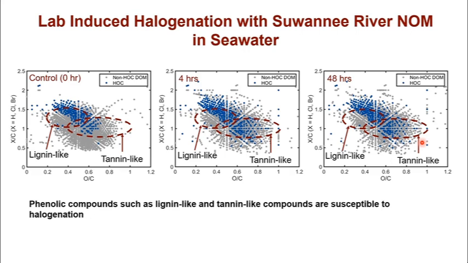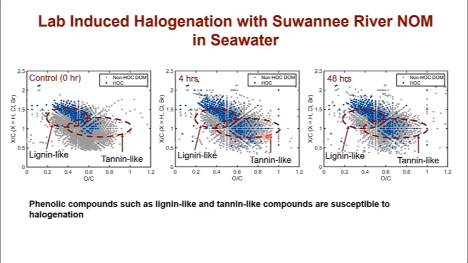And I must tell you, please take this kind of classification with a grain of salt. I'm usually not a fan of these domains because they don't necessarily mean what they are. But some of these, like tannin-like, suffice to say, some of those have phenolic features.